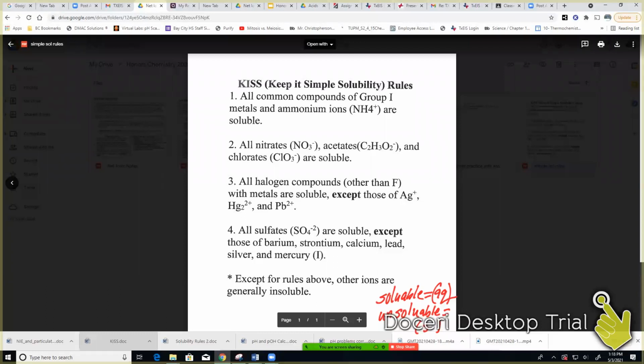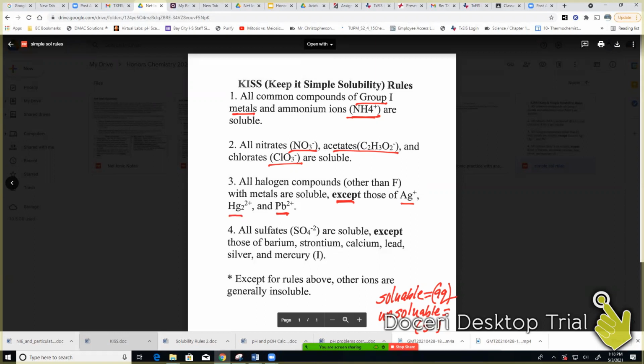As we said earlier, group 1 metals, anything attached to ammonium ion, that compound's going to be soluble. Nitrates, acetates, and chlorates, those are all soluble. All halogen, so that's group 17, all halogen compounds other than fluoride are soluble except silver, mercury, and lead.